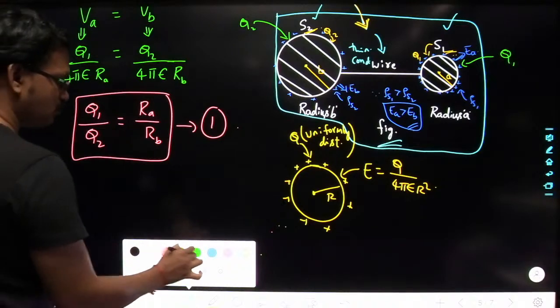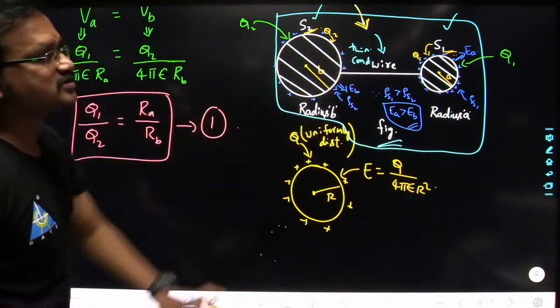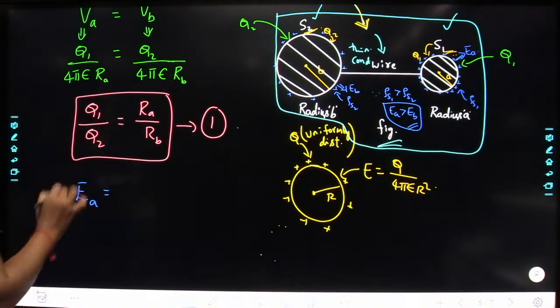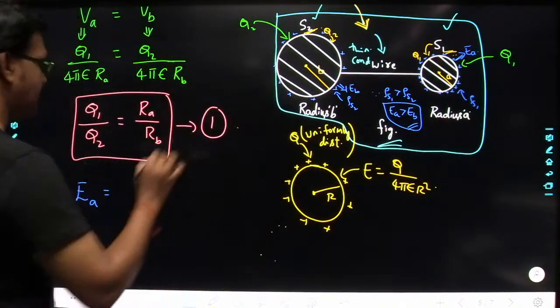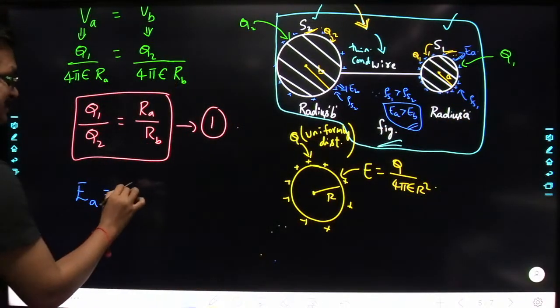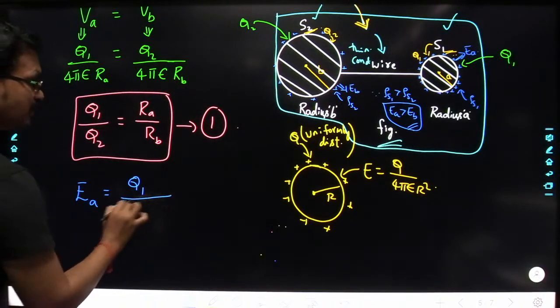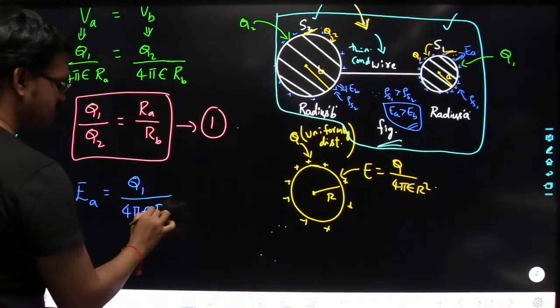Now let us say the electric field on the surface of S1 is EA. Here the charge is distributed uniformly on the surface of the sphere, so the electric field on the surface of S1 is nothing but the charge on the sphere, Q1, divided by 4 pi epsilon RA square, with the radius considered as RA.